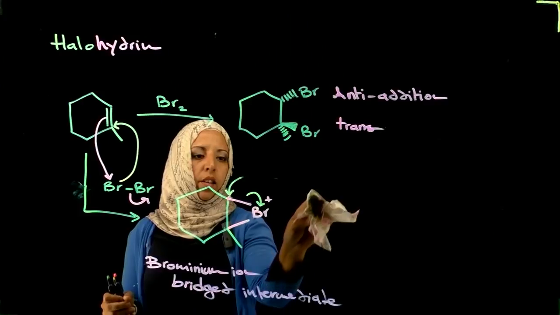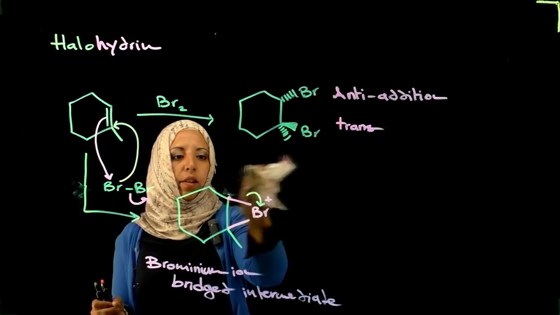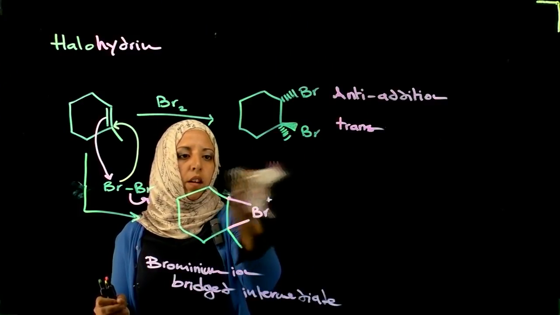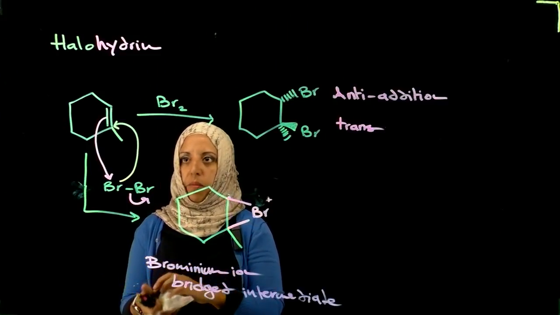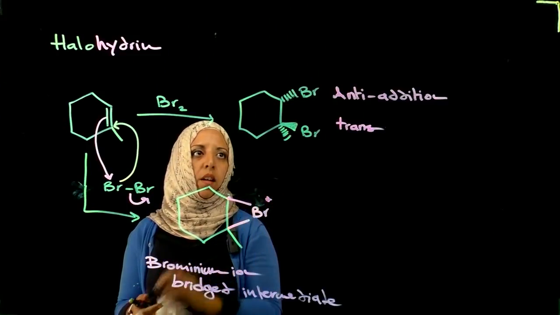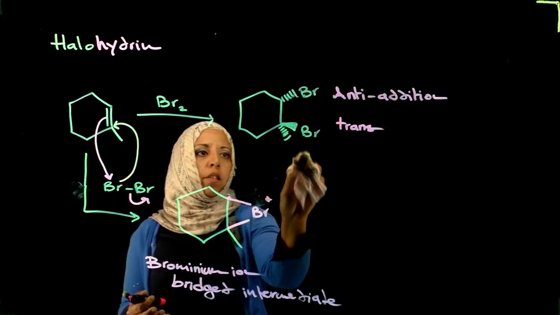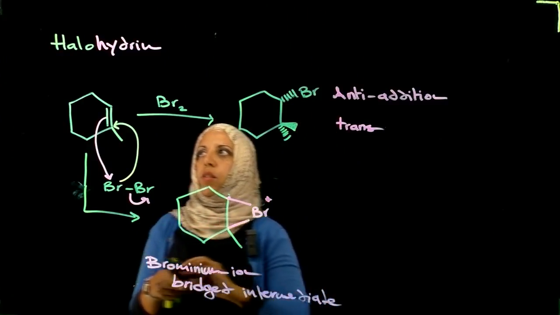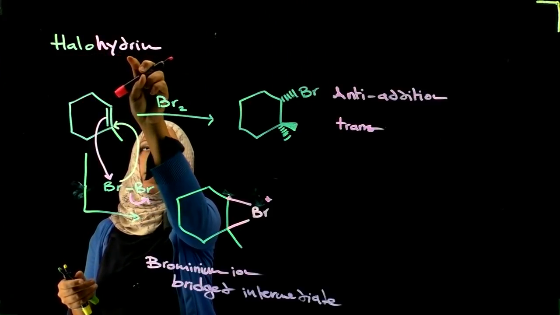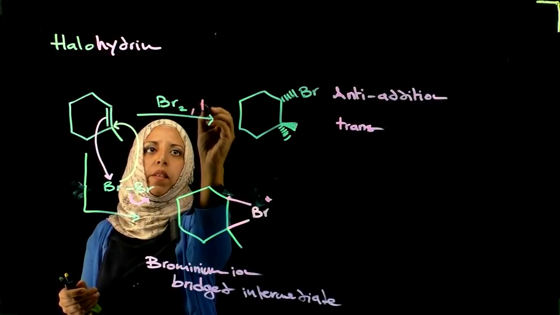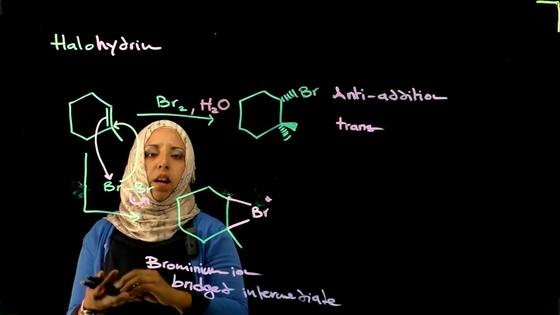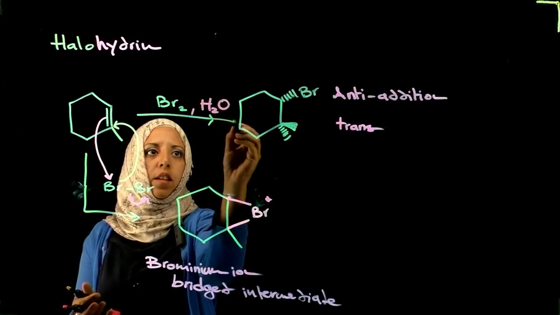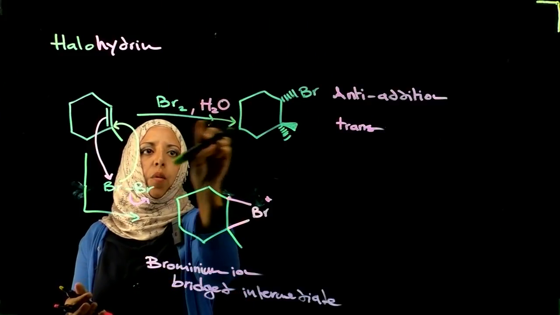The second step is slightly different. So I'm going to keep the first step the same. The final product is slightly different in that it's a halohydrin. So what we're adding is a halogen and water. Those are our two reagents, a halogen and water.